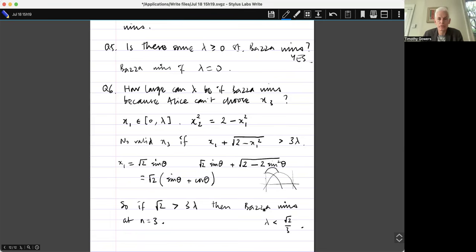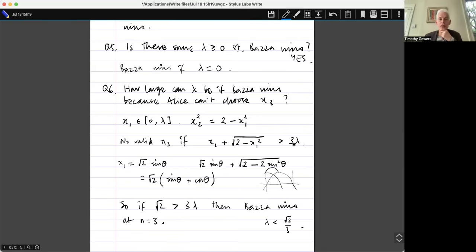I wanted to say a bit more. So I've just said that if lambda satisfies that condition, then Bazza wins at x3. If lambda doesn't satisfy that condition, so if lambda, let's say, is greater than or equal to root 2 over 3, then Alice could choose x1 equal to 0. Then Bazza would choose x2 to be root of 2 minus x1 squared, which would be root 2.